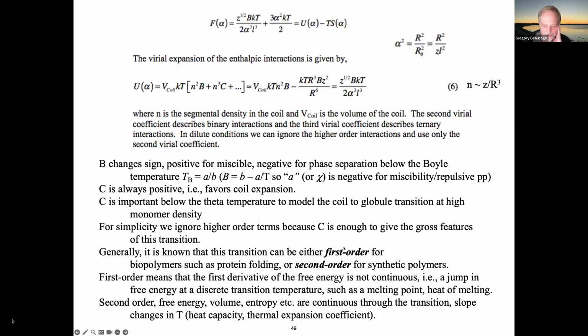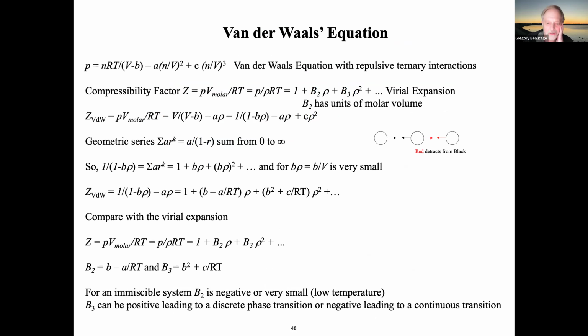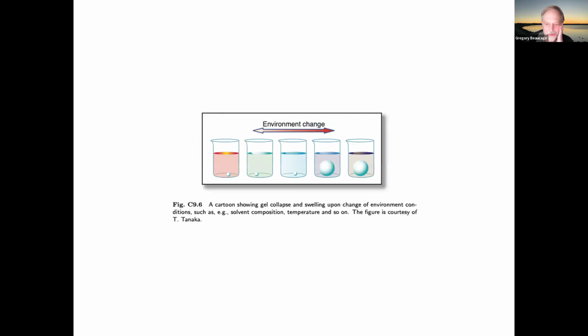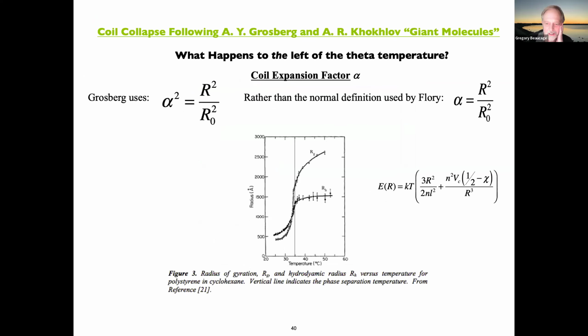So there's another issue here. This transition to the coil collapse can be either a first order transition or a second order transition. Here, this is in a synthetic polymer, polystyrene and cyclohexane. As you cool it down, this gradually changes. It's a continuous function.